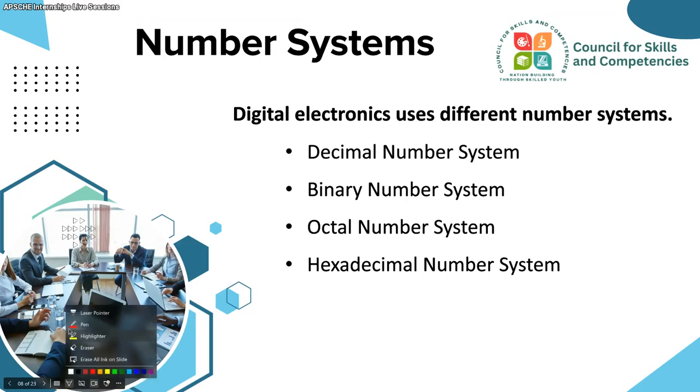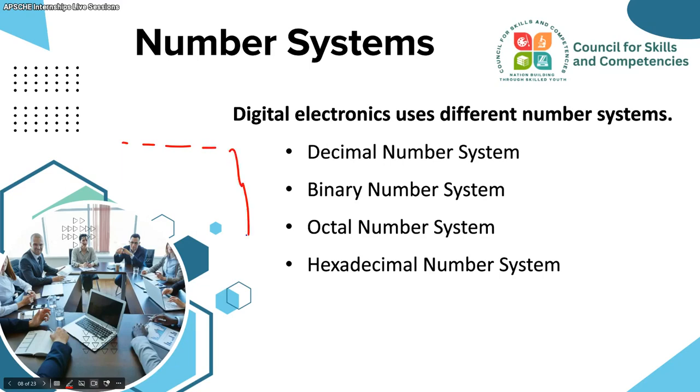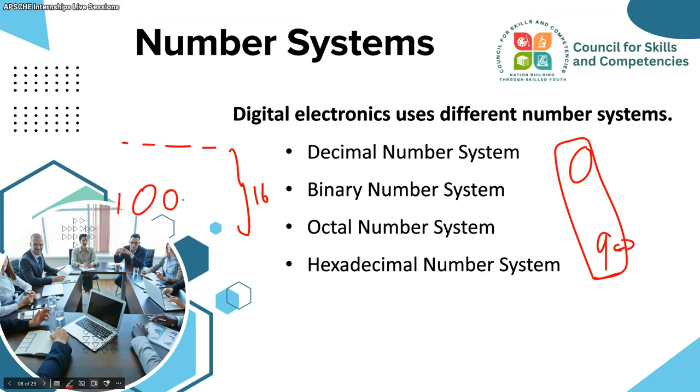With 4 bits you will have 16 combinations, but our actual numbers are only 0 to 9. If you only use 0 to 9, then up to 9 you can use something like 1001. Then what about the remaining combinations? They are not used.